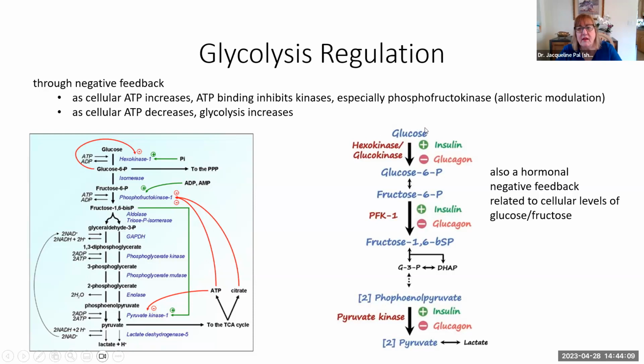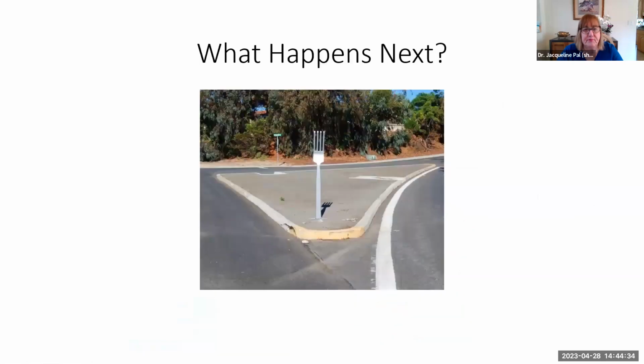So depending on the cellular levels of glucose and fructose, we will either increase or decrease it. But we will come back in the endocrine system to talk about glucose and fructose. You don't have to worry about that at all. You also don't have to know the name phosphofructokinase, but just realize it's near the beginning that we can stop it if we already have too much ATP in the cell.